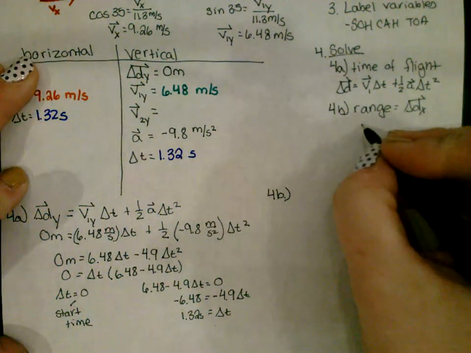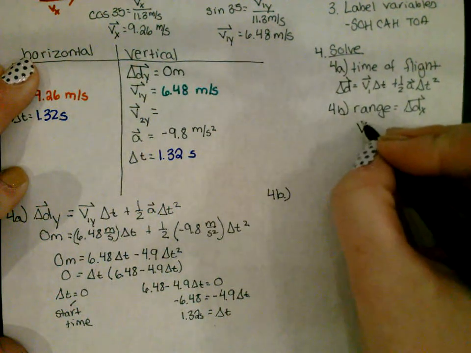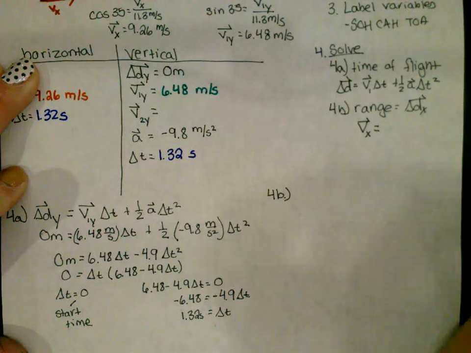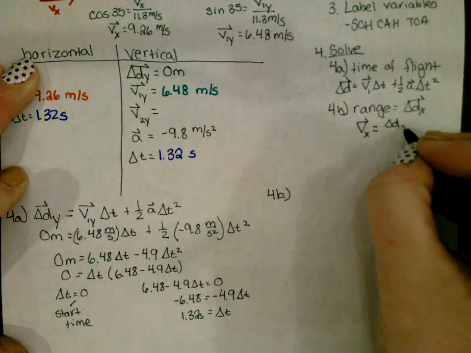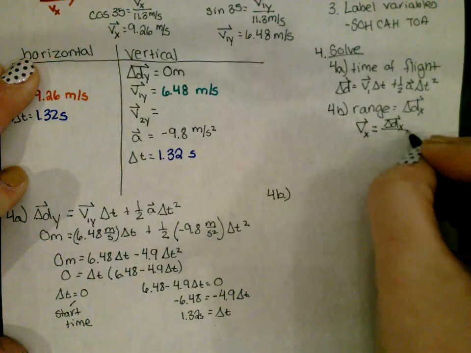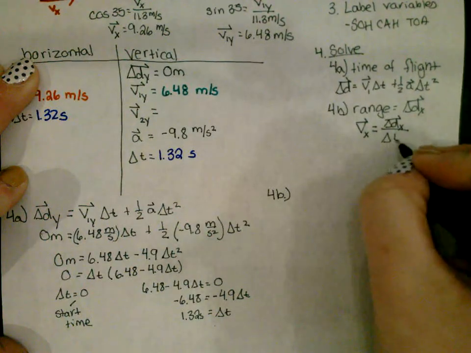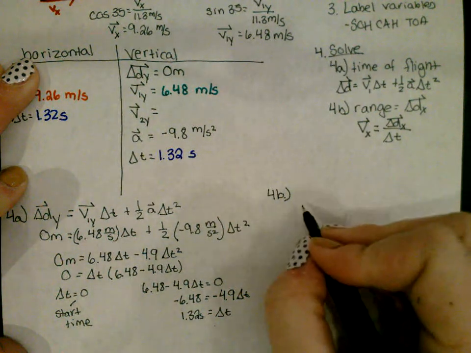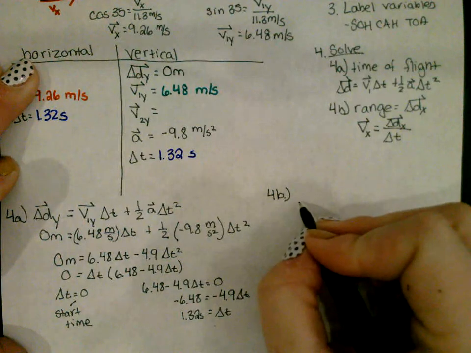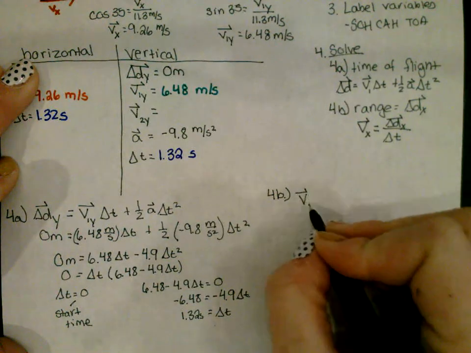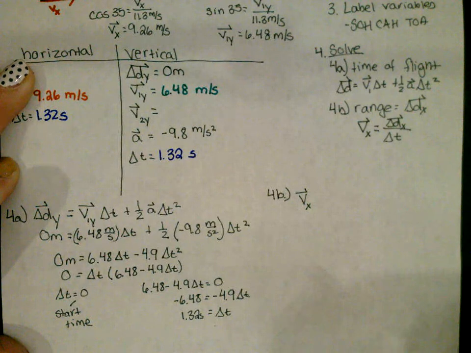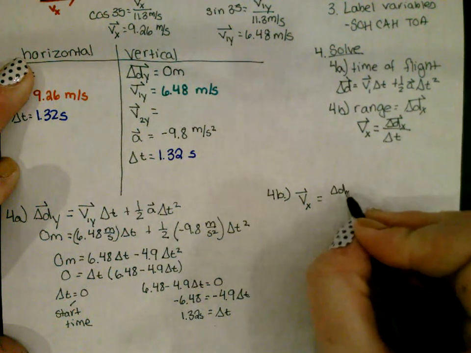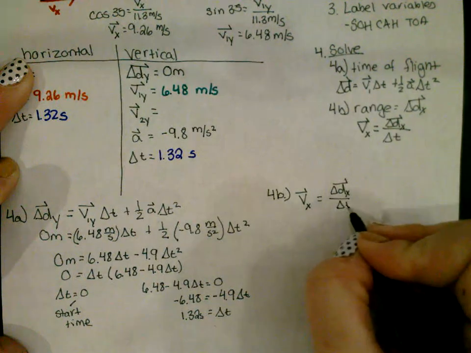To solve for range, you're going to say velocity is equal to a change in displacement over a change in time. So I'm going to come down here and apply that to this. So I'm going to say that my velocity on my x-axis is equal to my total displacement on my x-axis over the change in time.